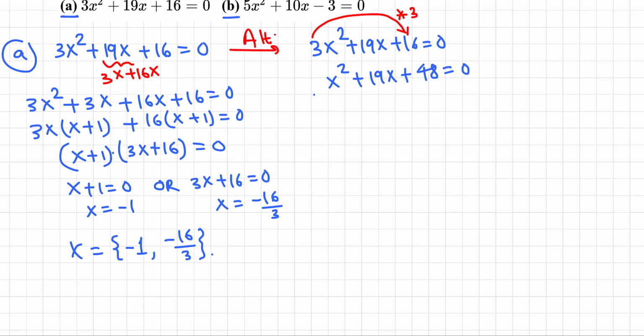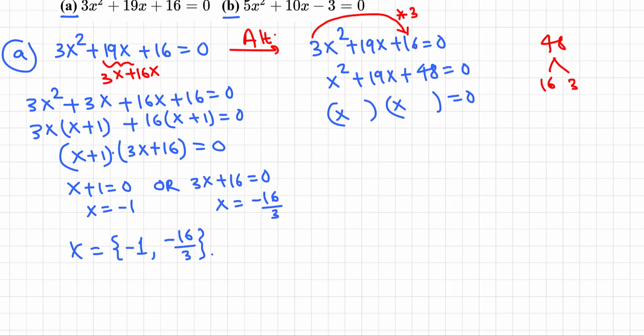equals 0. Now this is 1. So factoring is now easy, because with x squared the only way it factors is x times x. Now we need to find two factors of 48 whose sum is 19. And 48 is 16 times 3.